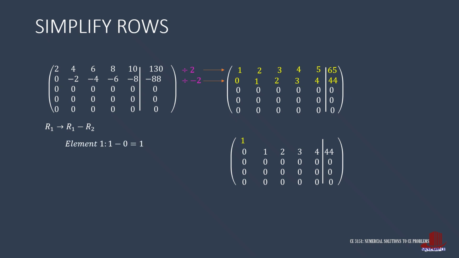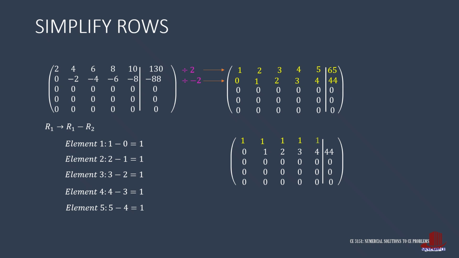The first element then is 1 minus 0, which is 1. Element 2 is 2 minus 1, as 1. Element 3 is 3 minus 2, also 1. Element 4 has 4 less 3, giving 1. Element 5 is 5 minus 4, also 1. Then from the constant, 65 less 44 is 21.